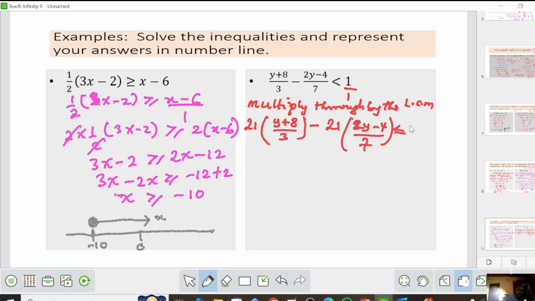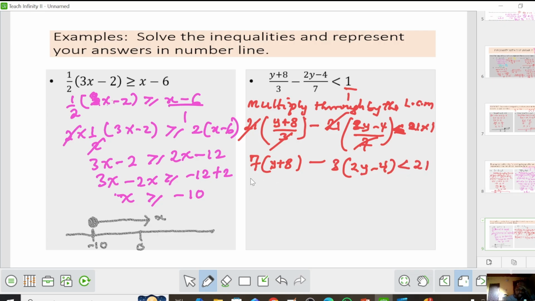Then less than, sorry, it's literally less than. There's no equality sign. Less than 21 times 1. So I multiply each term by the LCM. So this cancels this. So I have 7 into y plus 8 left, minus, this one cancels this. So this gives me 3 left, 2y minus 4, less than 21 times 1 to give me 21.